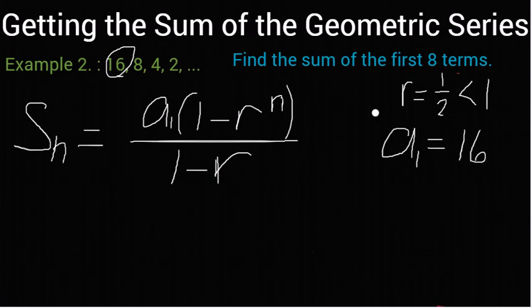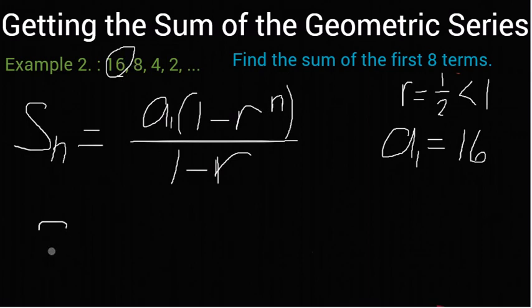It's because of the common ratio, which is 1/2. We notice that the geometric series is approaching 0, so we are going to find out if the sum really exists.